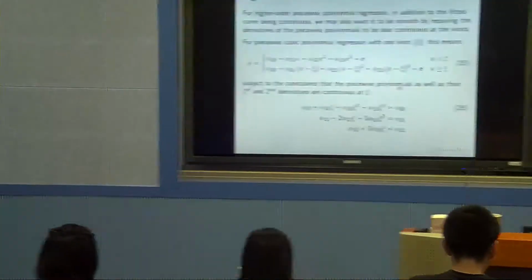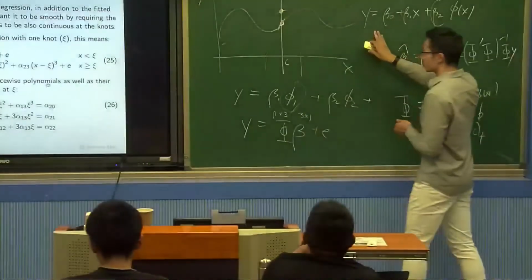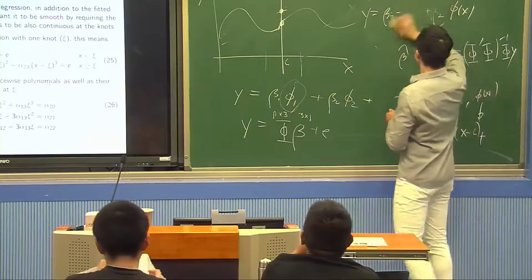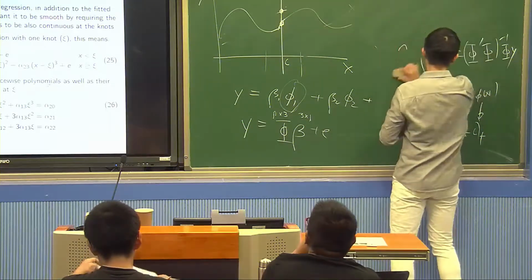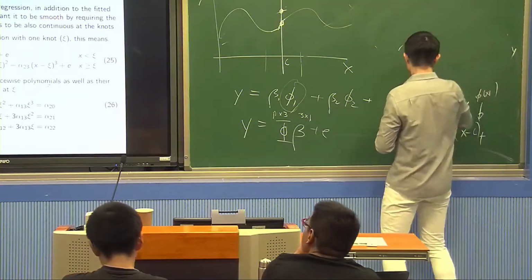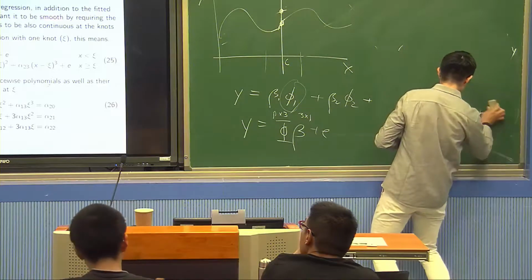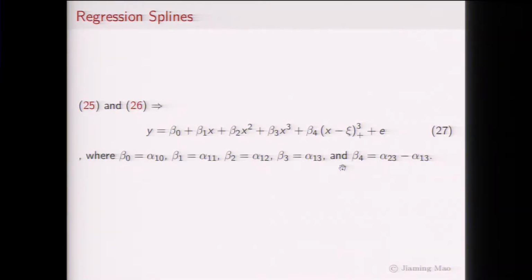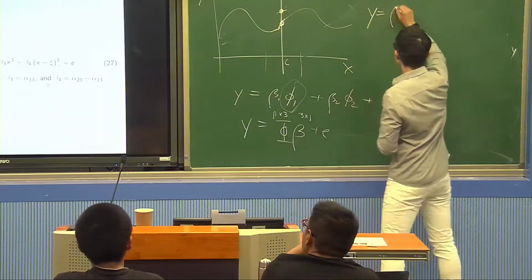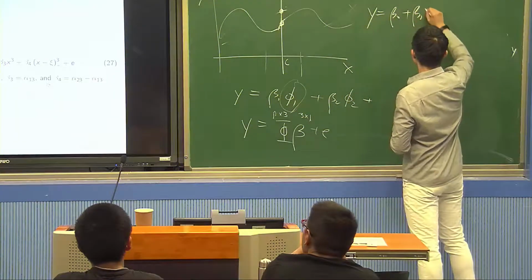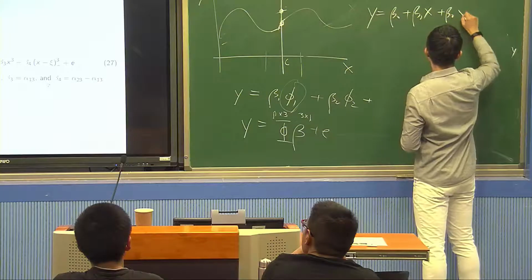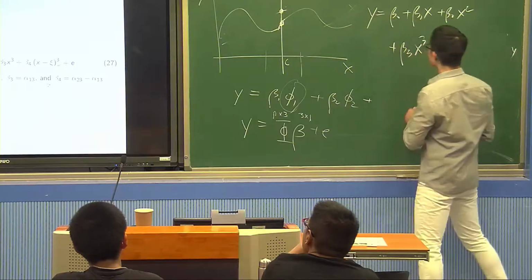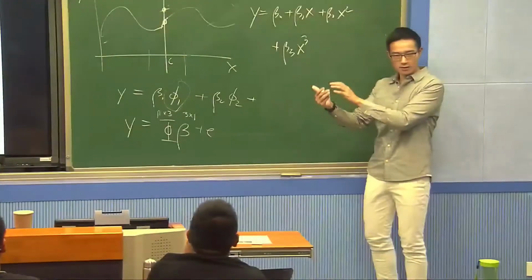It turns out that in the end, I can write my final model this way: Y equal to beta 0 plus beta 1 x plus beta 2 x squared plus beta 3 x cubed. That's exactly the same as the first region.